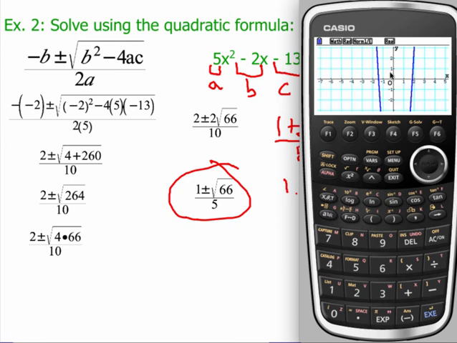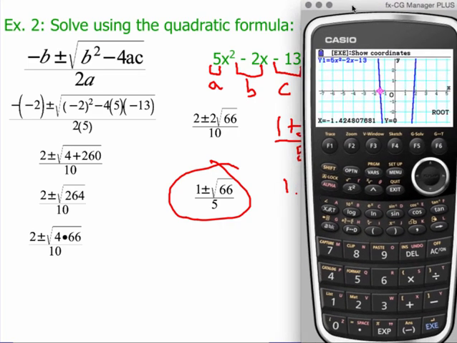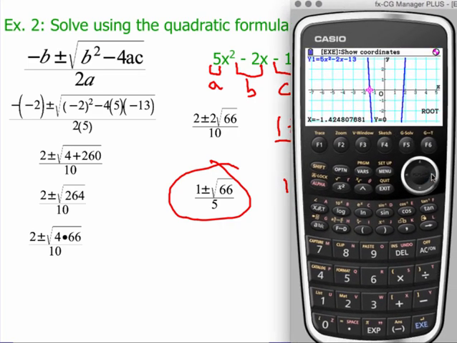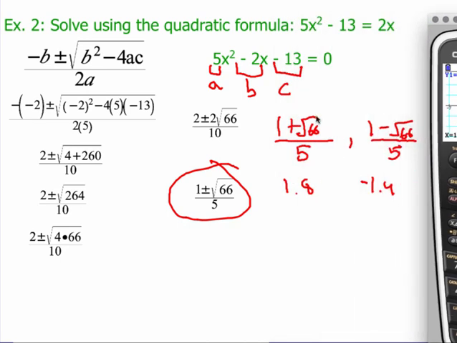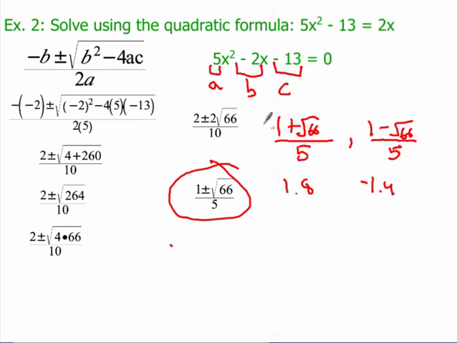You'll notice that I don't land on integers for my two roots, but if I check them, I get negative 1.42848, which is 1 minus the square root of 66 over 5, and 1.82480671, which is 1 plus the square root of 66 over 5. So I did this correctly. My answer is simply 1 plus or minus the square root of 66 over 5.